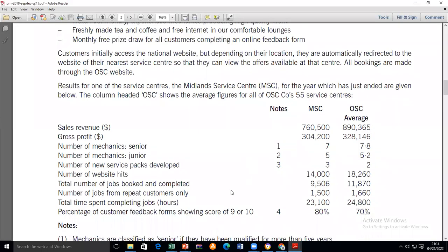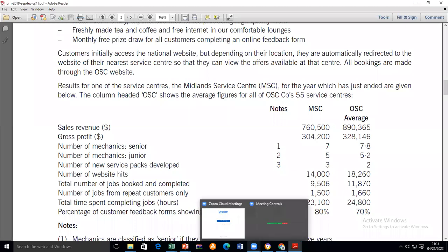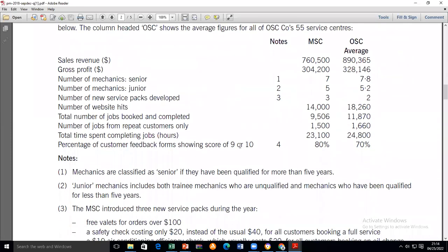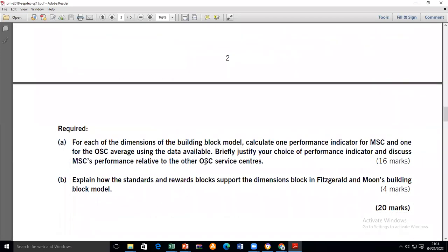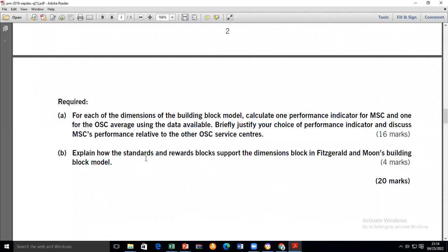Yes, sir. Maybe before we move on, can you help us now? How do we link these dimensions to the standards? Have you seen this question which is here? Explain how standards and the rewards blocks support the dimension block.